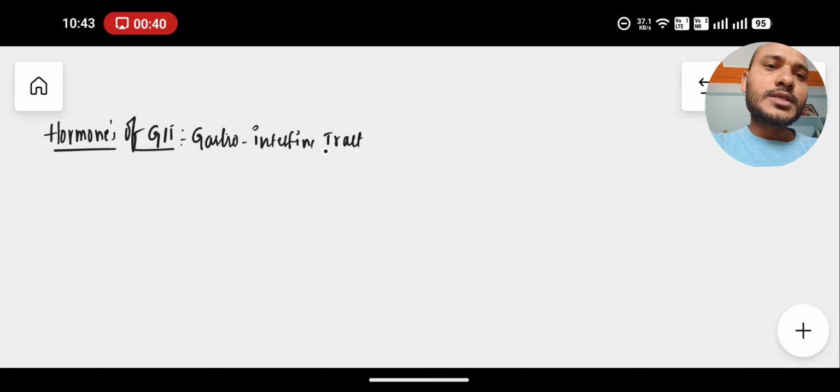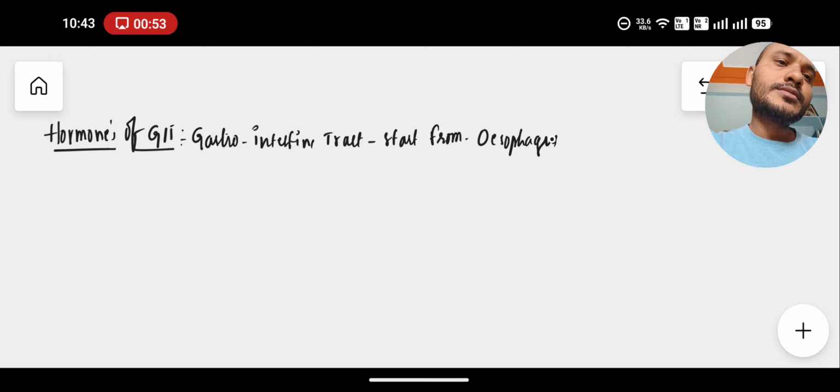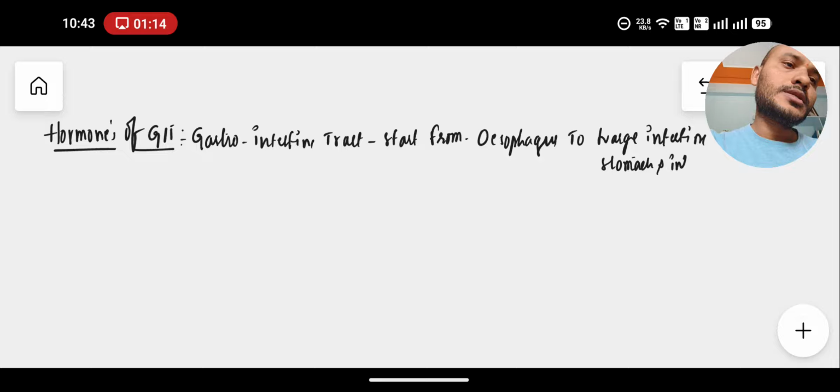The gastrointestinal tract generally starts from the esophagus and extends to the large intestine. In between the esophagus and large intestine, we have digestive organs like the stomach and intestine.